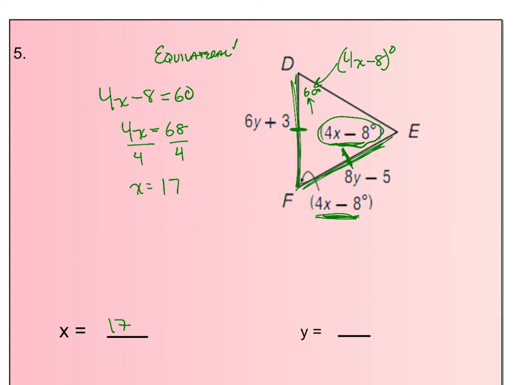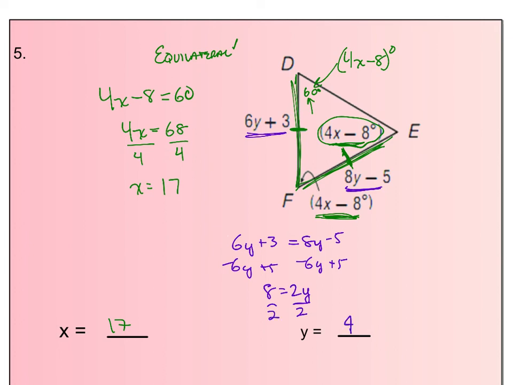So to figure out what y is, well, this is isosceles, so these 2 are definitely congruent to each other. So doing some algebra, y should equal, I get 4 there.